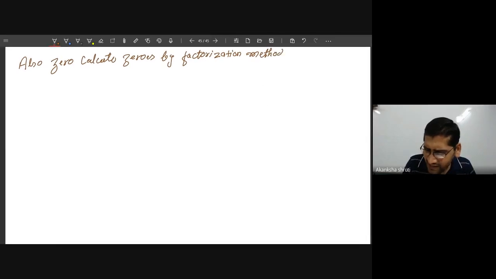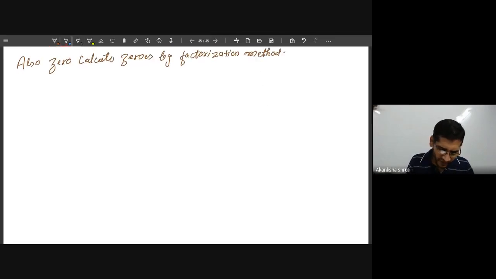Student, the polynomial given was p(x) equals 6x square minus x minus 2. What is the condition for zeros of a polynomial? The condition is that this p(x) has to be equated to 0. That is the condition, and then from that we have to calculate x.